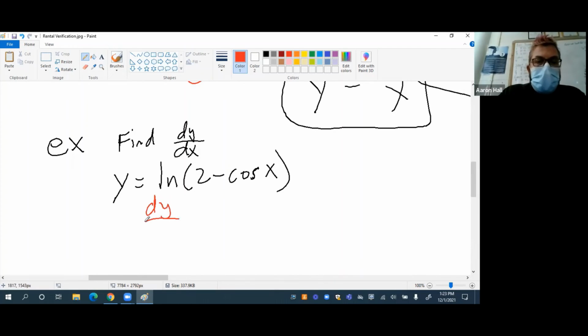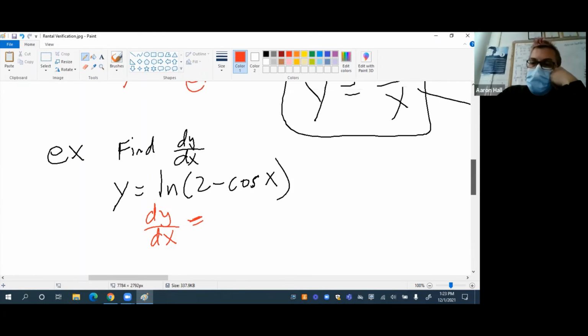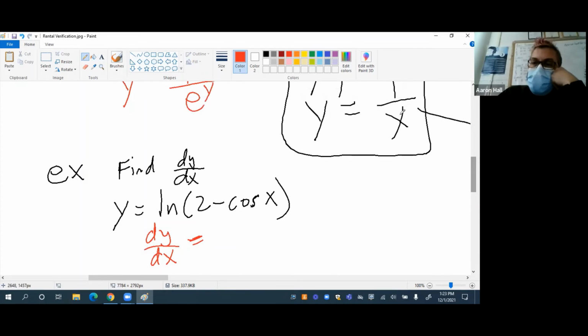What is that? Isn't this the chain rule, where the outside function is ln of u, but u is what?